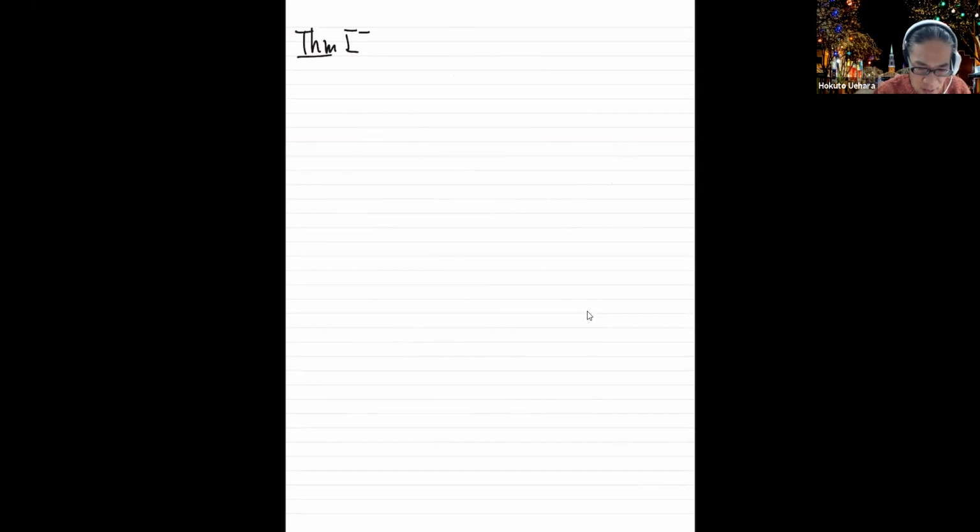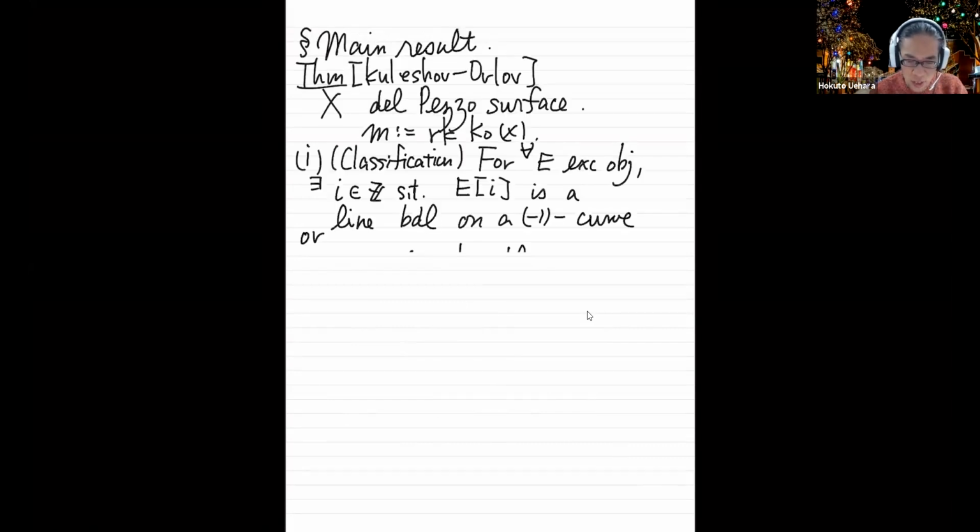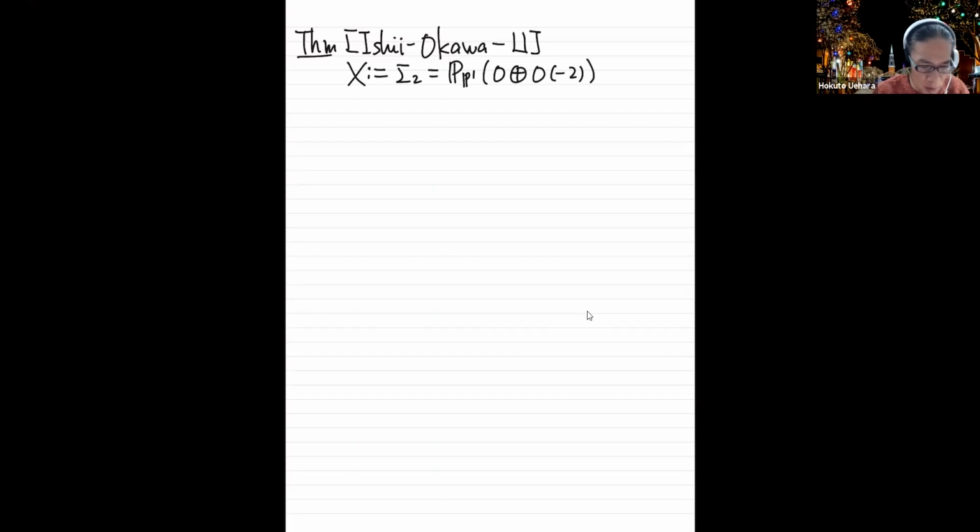Well, I said it's complicated, but in some part we reduced the proof to the result in Kuleshov-Orlov by a deformation argument. Theorem, Okawa and myself. Let X be a Sigma 2, namely a P1 bundle over P1 containing -2 curves.